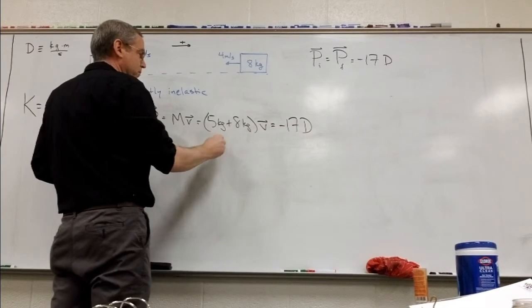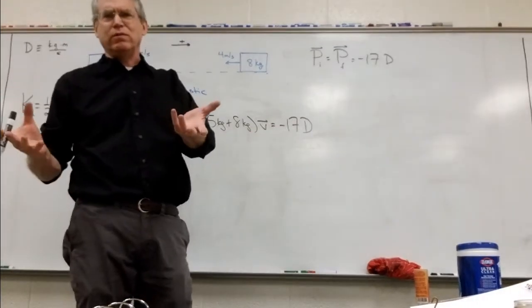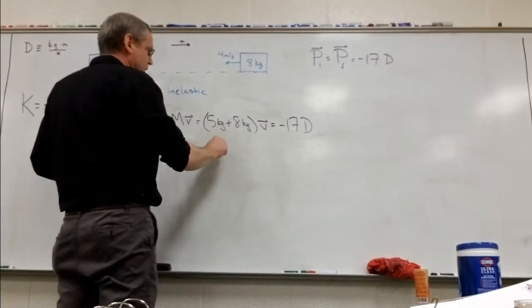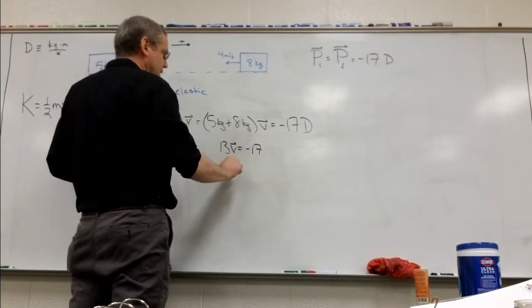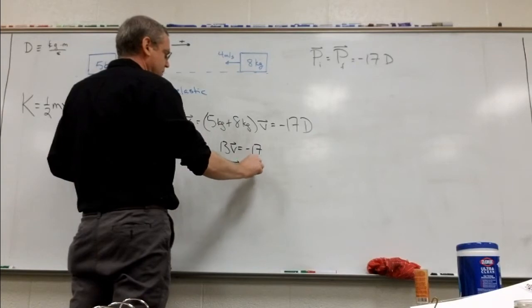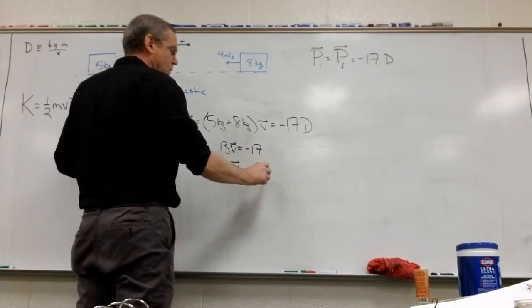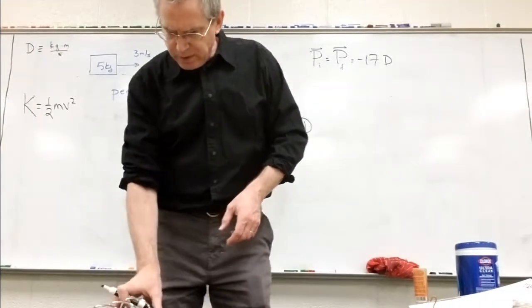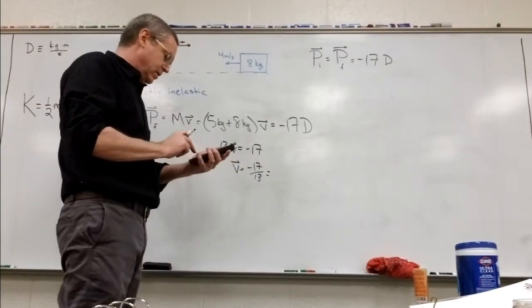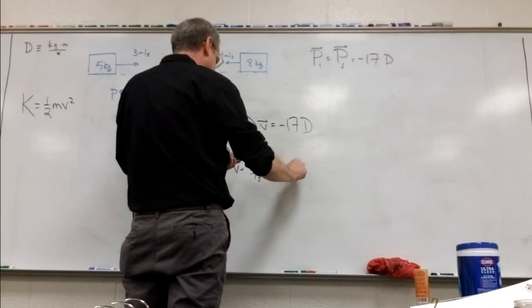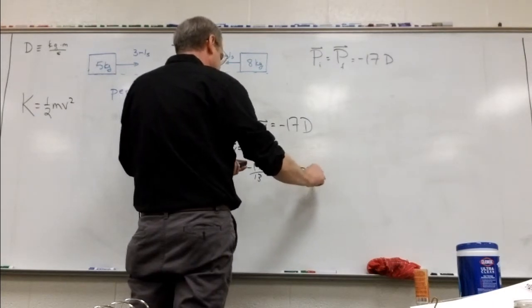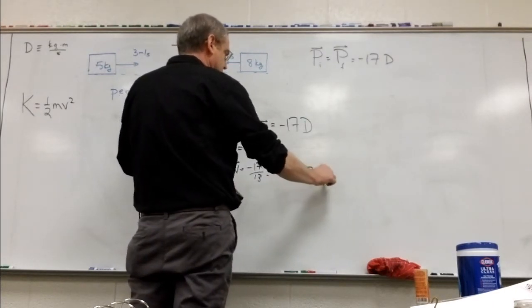And so this becomes, I'm going to drop the units because I know what the units of velocity are in the end. So this becomes 13v is equal to negative 17, and so v equals negative 17/13, or for you decimal fans out there, negative 1.3077, and it'll be meters per second.